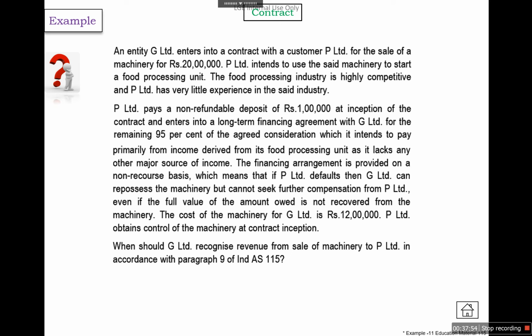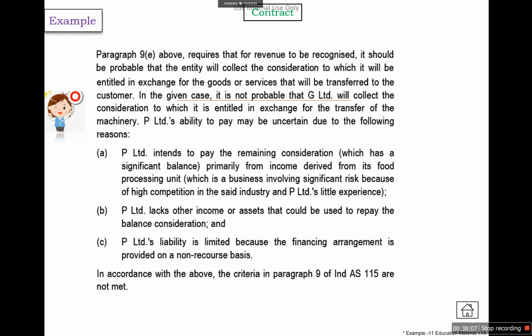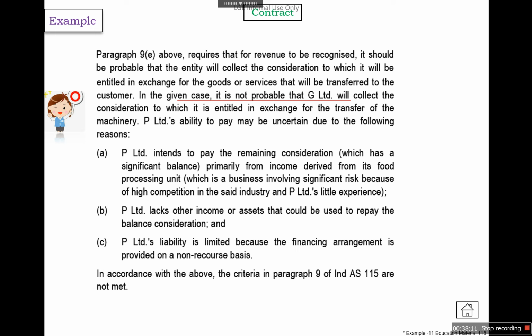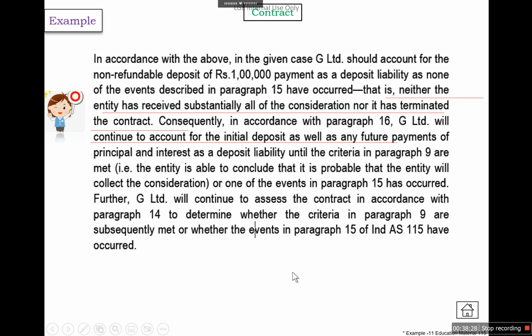In this case, as P Limited is new in the food processing business and has little experience, there is doubt that it will be able to pay the consideration to G Limited, so revenue will not be recognized.